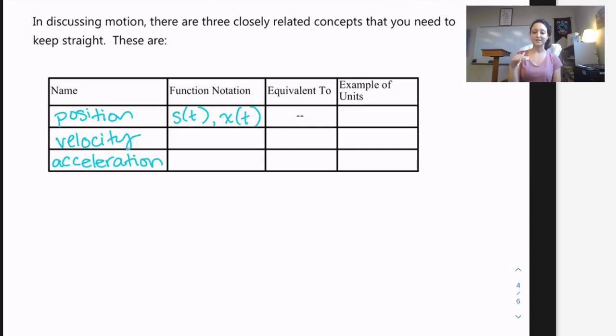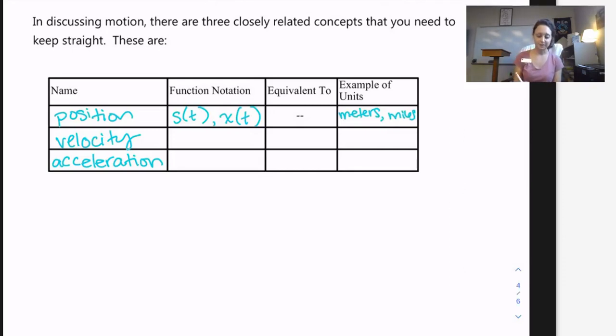So it's not uncommon to actually see your dependent variable be your x, and then your independent is your time, okay? Example of units. That would be like meters, or miles, or feet, or some unit of distance.